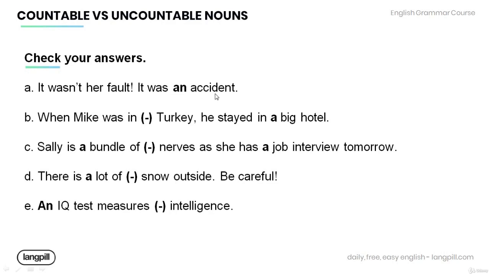It was an accident. When Mike was in Turkey, he stayed in a big hotel. Sally is a bundle of nerves as she has a job interview tomorrow. There is a lot of snow outside. Be careful. An IQ test measures intelligence.